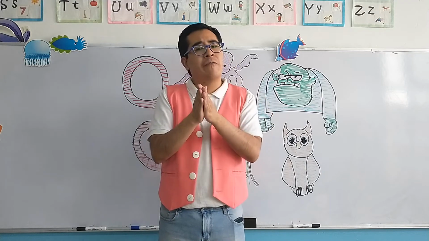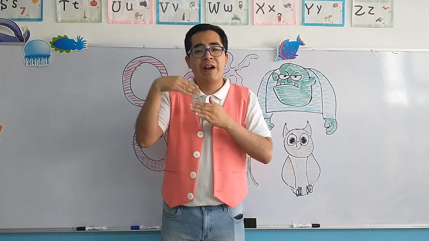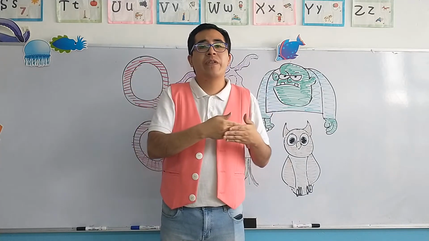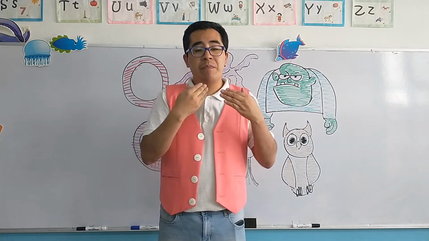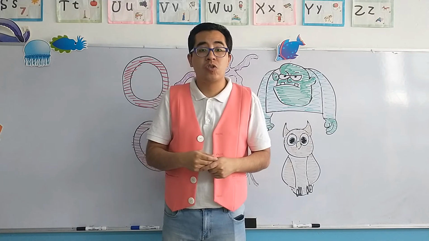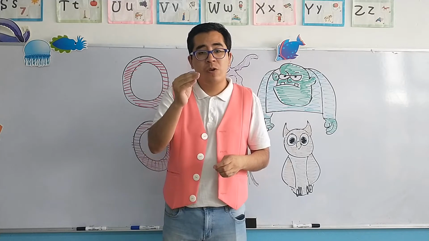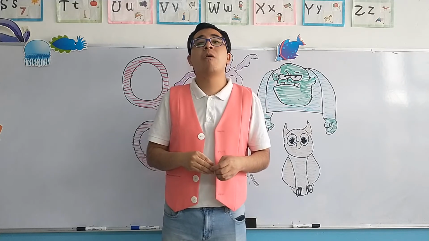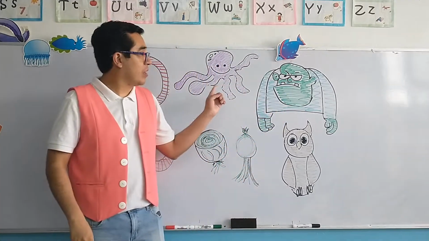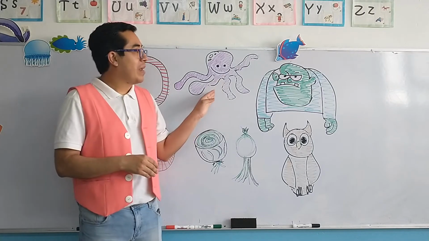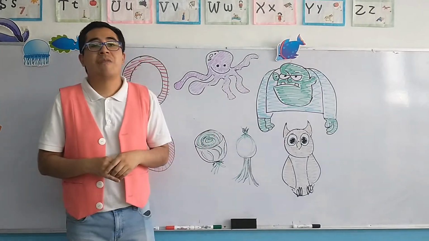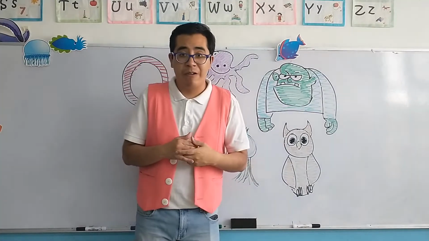Now, the color of the octopus can vary depending on the animal, because on some occasions, like people, they have different colors. But the most predominant color of the octopus is purple, as you can see right here. Excellent.